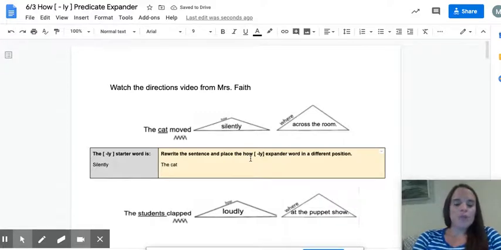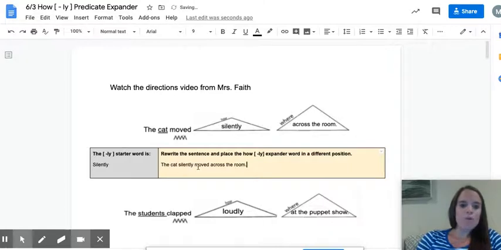Now I'm going to put the how ly word right before, silently moved across the room. Okay, so all I did is I took that how expander and I just replaced it so that it was before the action predicate word.